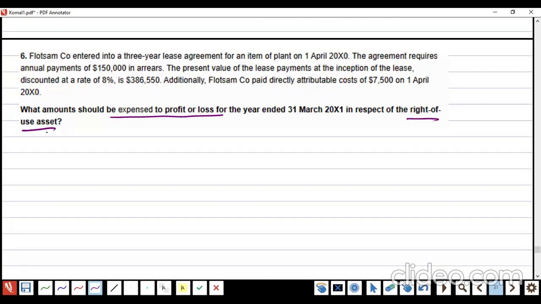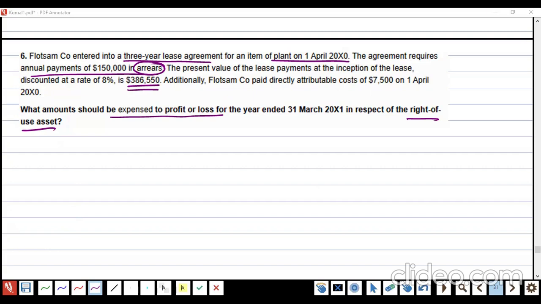F entered into a 3 years lease for a plant on this date. The agreement requires annual payment of this in arrears at the end of the year. Present value at inception at the 8% discount rate is 386,550. Direct attributable cost is 7,500.